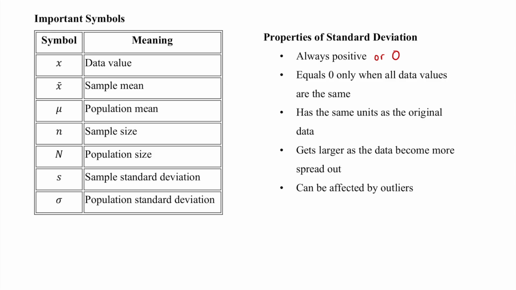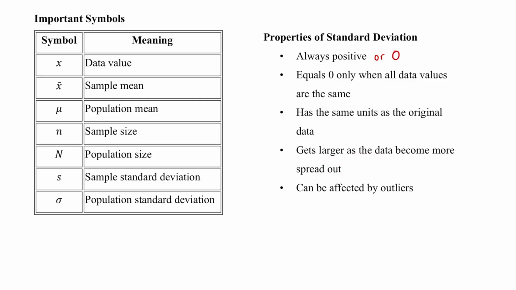Third, standard deviation has the same units as the original data. For example, if heights are measured in inches, the standard deviation is also measured in inches. This makes standard deviation easy to interpret. Fourth, standard deviation gets larger as the data become more spread out.